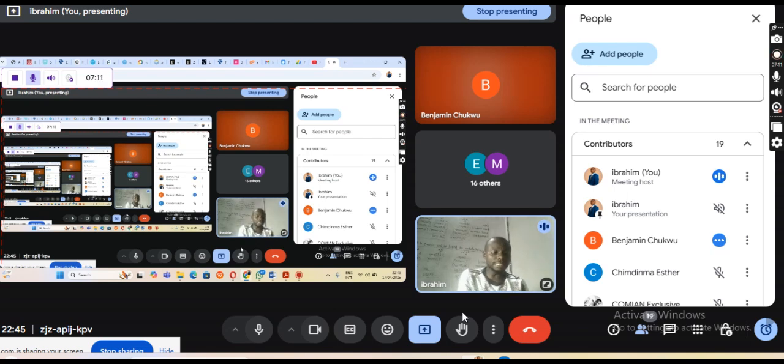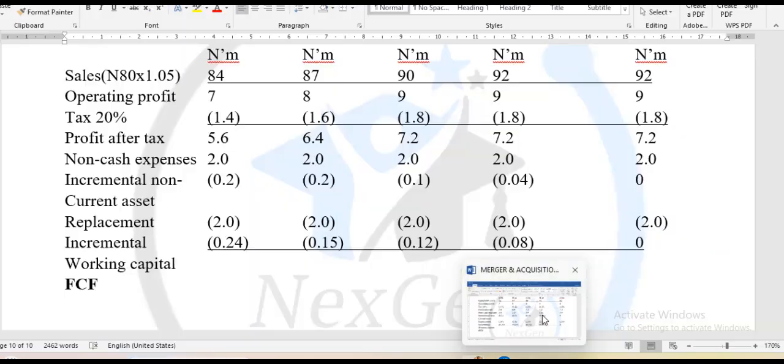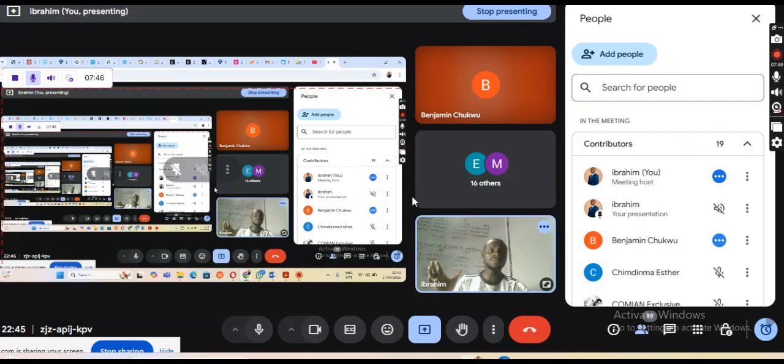But for the incremental working capital it is 0%, which means your sales for 2024 minus your sales for 2023 times 0%. Anything times 0 is 0. So, as with the operating profit margin, you can see that the incremental non-current asset is also 0. Do you get that?